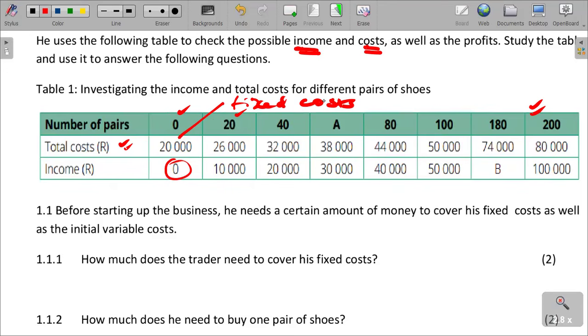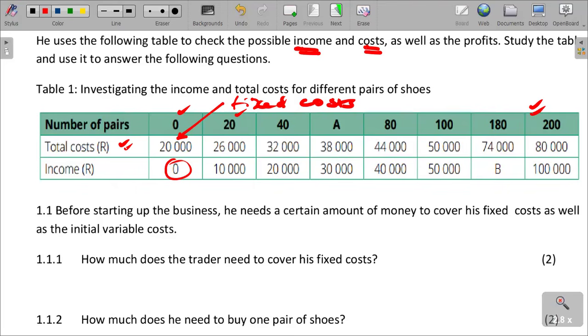As long as the business operates, there are costs which are always there, whether we have opened or closed the business for that whole month. We sold or we did not sell, the cost remains available. We are told that total income goes 10,000, 20,000 up to 100,000.